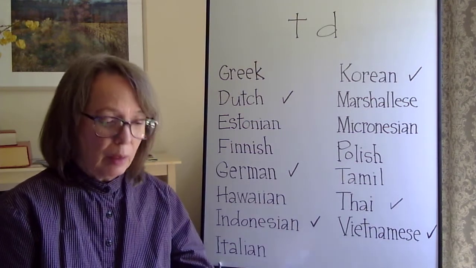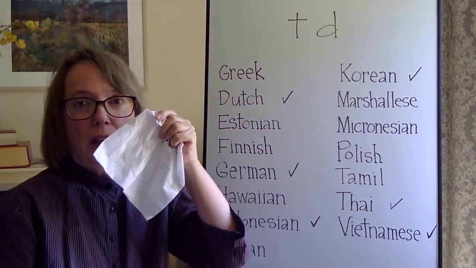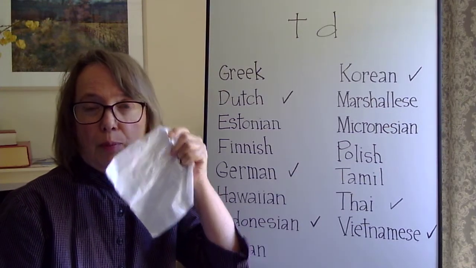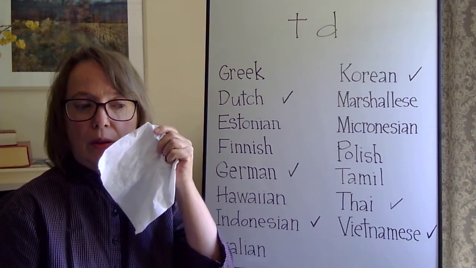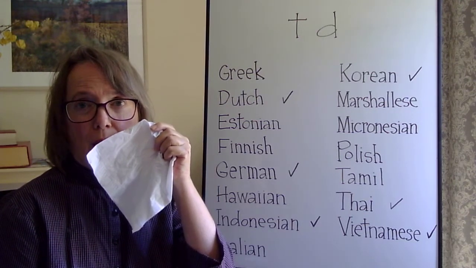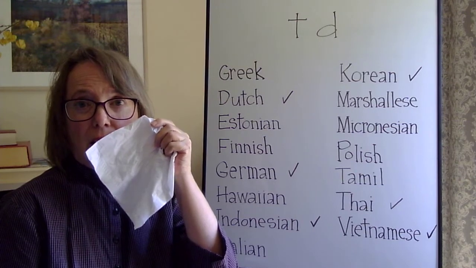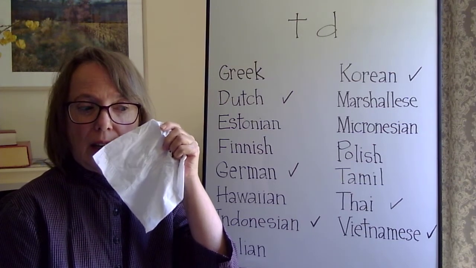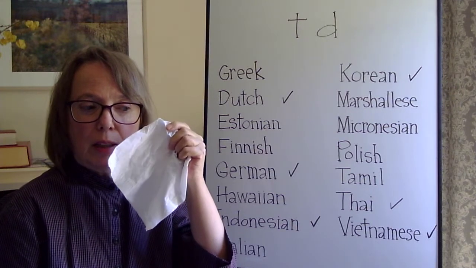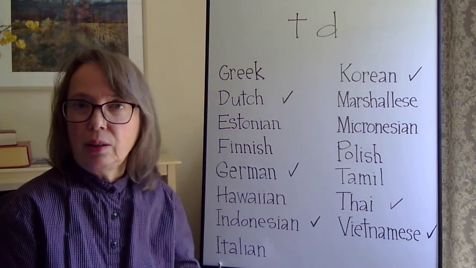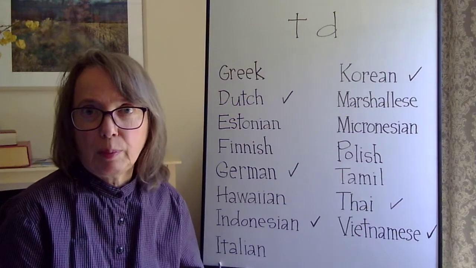Or they might suggest that you use a piece of paper and hold it close below your mouth and say time, time, time. And you can see the paper move a little bit.